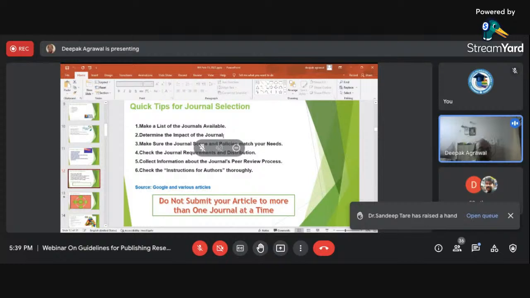One very, very important thing you must memorize: do not submit your article to more than one journal at a time. Wait for the acceptance or the rejection of your paper. If you have submitted the same paper to 2 different journals and it has been approved, you may be blacklisted in the near future.